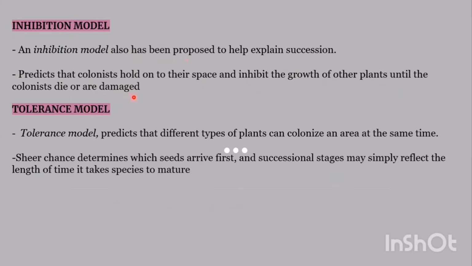Another model is the tolerance model. The tolerance model predicts that different types of plants can colonize an area at the same time. Chance determines which seed arrives first, and the successional stage may simply reflect the length of time it takes species to mature.